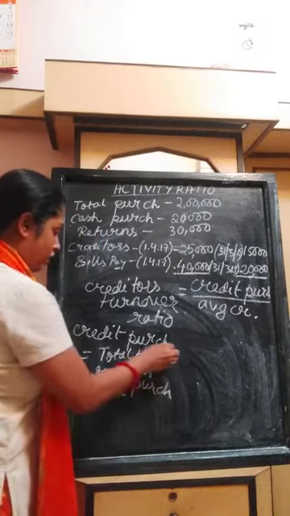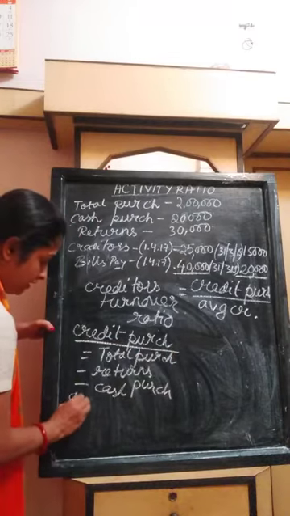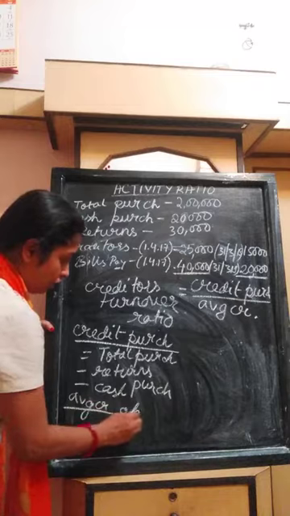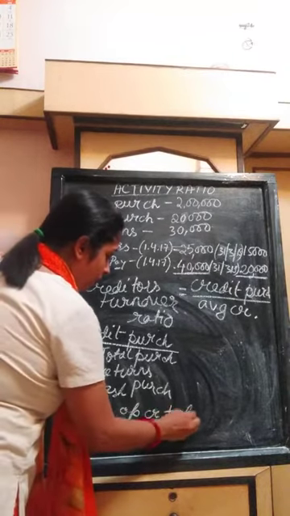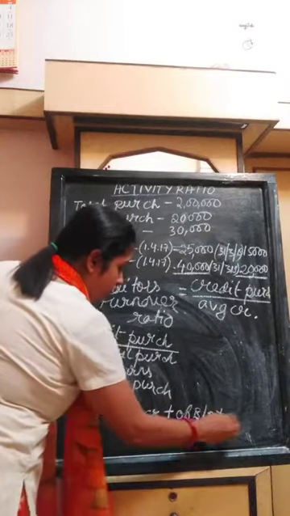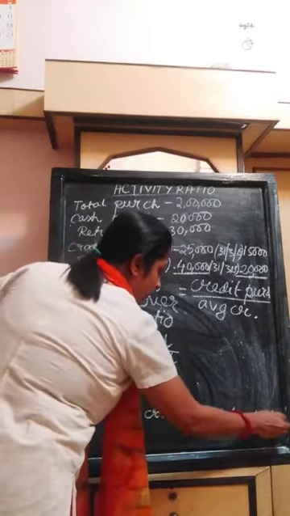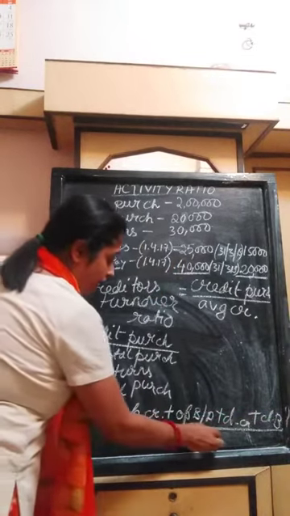This is the formula of credit purchase, whereas the formula of average creditors means opening creditors balance plus opening bills payable balance plus closing creditors balance plus closing bills payable balance, divided by all the 4, divided by 2.